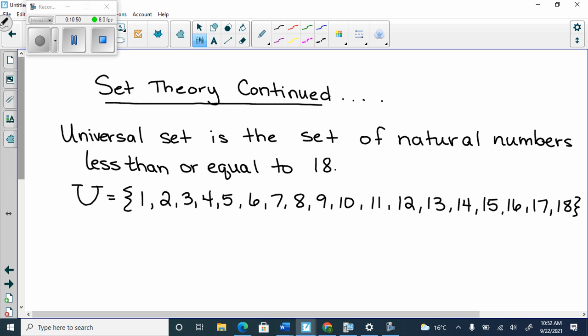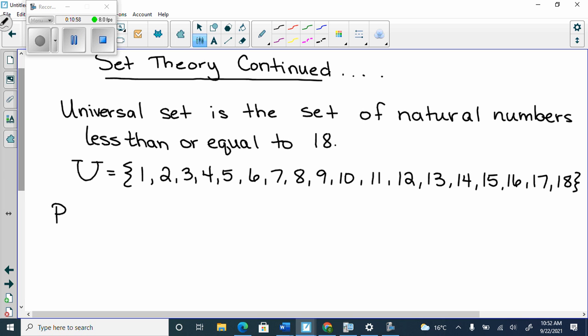Then I have to give you some sort of subsets of this, correct? So I'm going to say P represents the prime numbers. Do I have to say natural numbers less than or equal to 18?